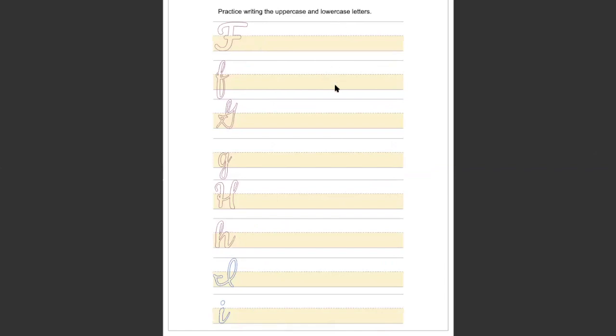Let's start with the f and see if we can write it together. First, we trace it. And then we write it. See if you can fill up the whole line.